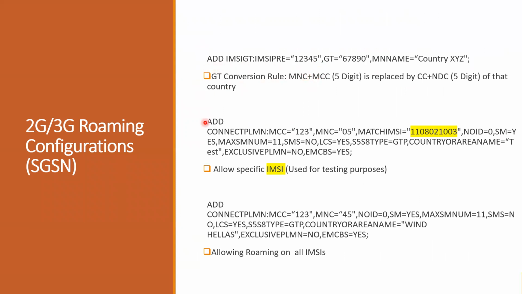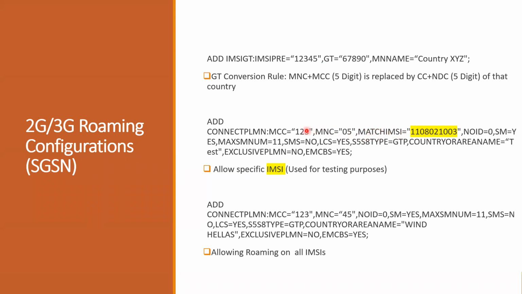Okay, the second configuration which you need to configure is ADD CONNECT ELEMENT, and this command basically allows you to perform testing on some specific IMSIs. So you have an option of adding a match IMSI.